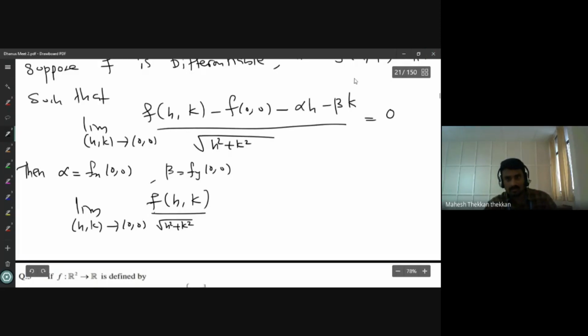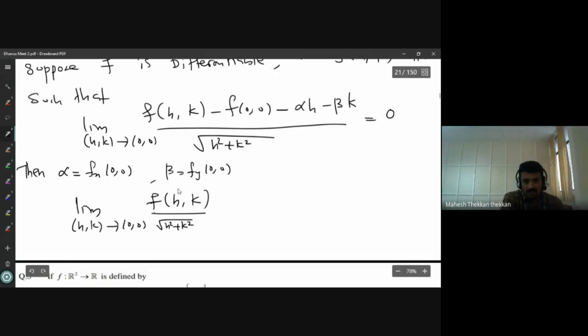Because alpha is 0, beta is 0, and f(0,0) is also 0. I should get that this has to be 0. Then only can I guarantee differentiability. If it is not 0, I can say that f is not differentiable at (0,0).